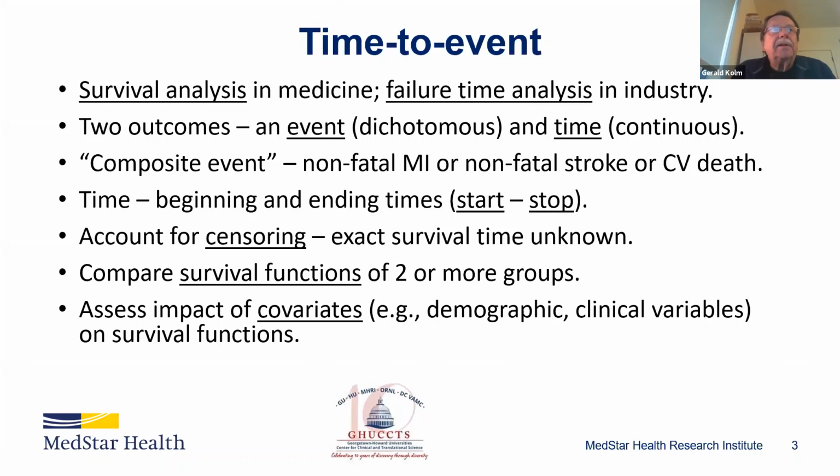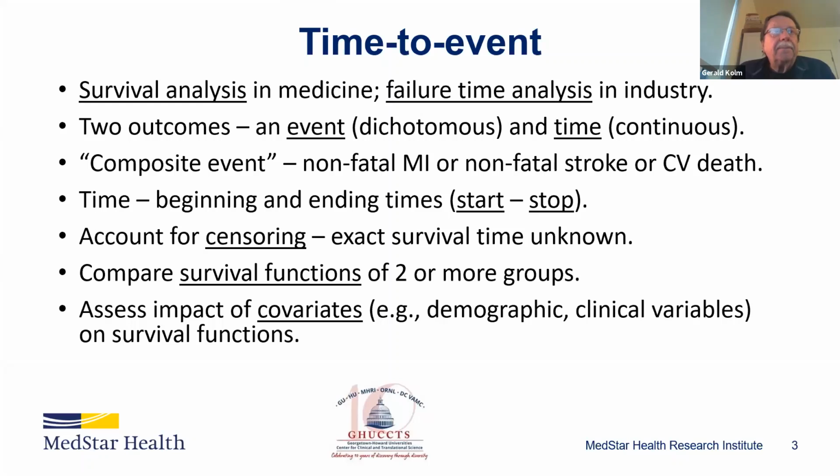In time-to-event analysis, we can account for what's called censoring, and that is when we don't know the exact survival time of a particular individual. Then, of course, from a statistical standpoint, what we want to do is compare the survival functions of two or more groups.